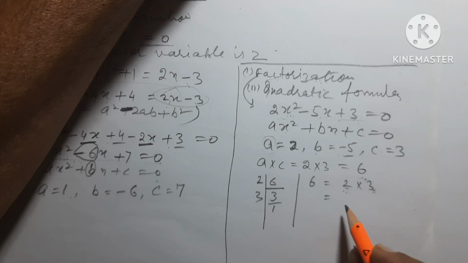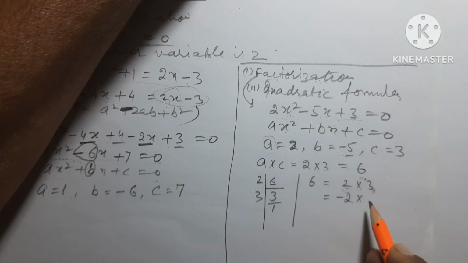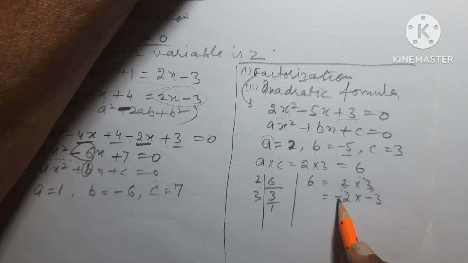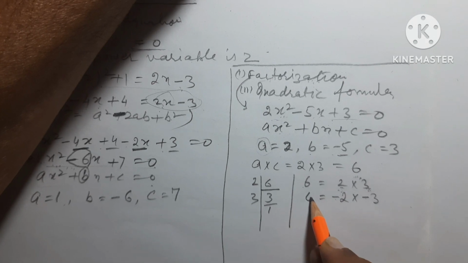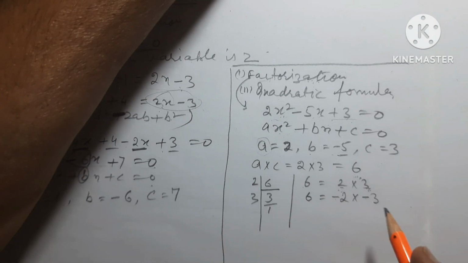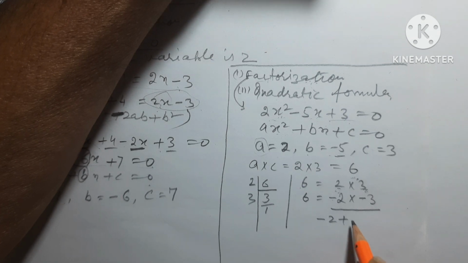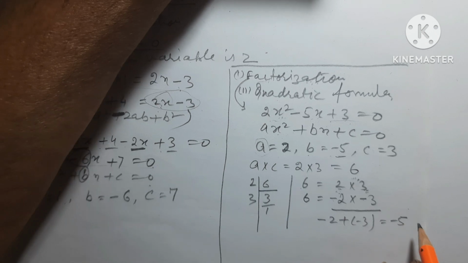Suppose in the place of 2 I write minus 2, and at the place of 3 I write minus 3. Because when I multiply, minus becomes plus, it is equal to 6. Now when I add this, minus 2 plus minus 3 is equal to minus 5.